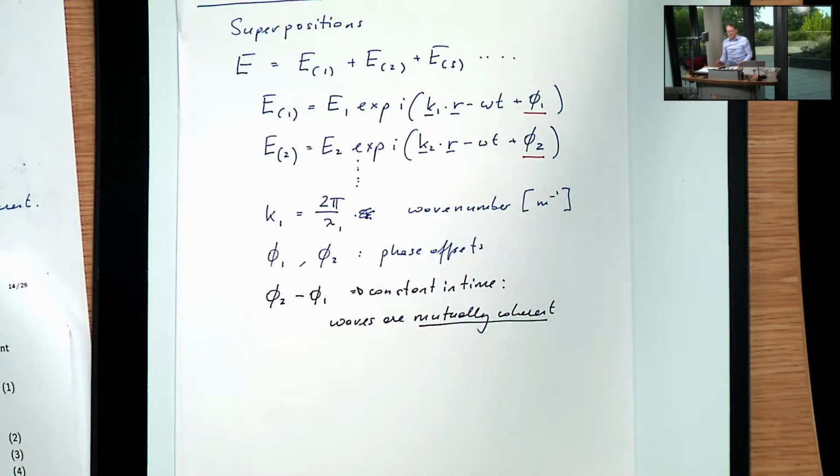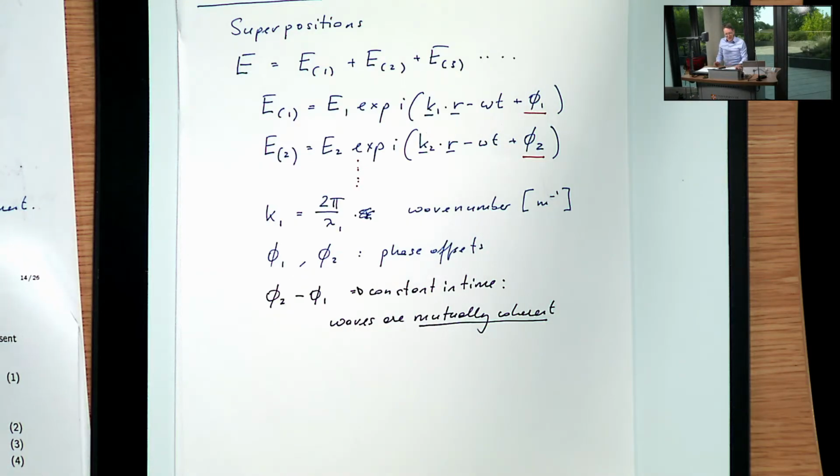What that means is if you have two waves and they have a constant phase offset with one another, the phase offset will be maintained in time. In contrast, if you have two mutually incoherent waves, then this phase offset is constantly fluctuating in time. And so you will not see interference in the same way with incoherent waves as you see with coherent waves. So we assume when we add up these phases that the phase relationship is maintained.